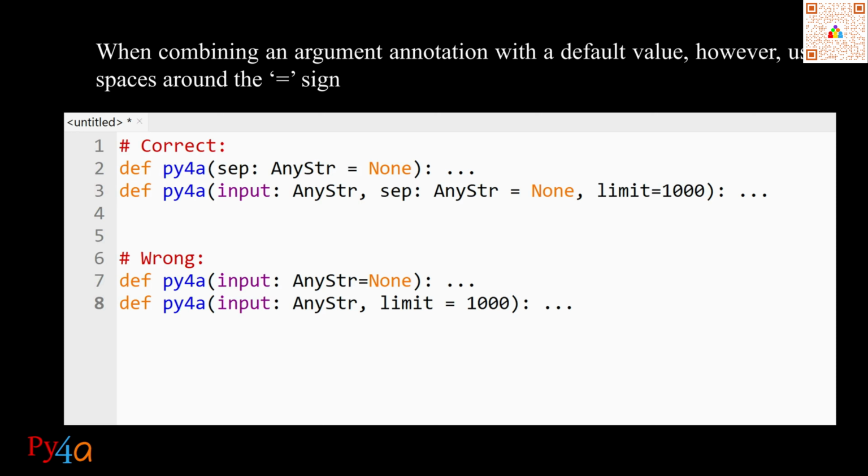You also see an example demonstrated on the next line, which is line 3. You see where we have annotated the input and sep argument, but the limit has no white space before and after the equal sign. This is what you do when you have default arguments, you don't leave white spaces. The wrong way is as shown in line 7 and line 8.